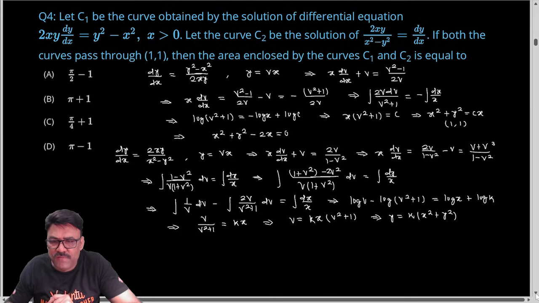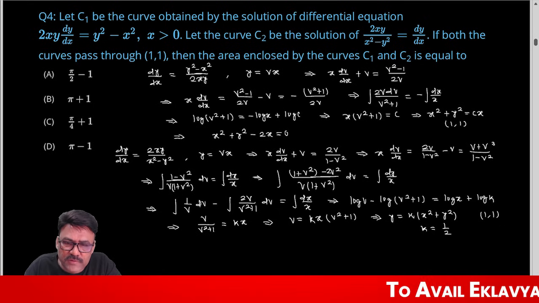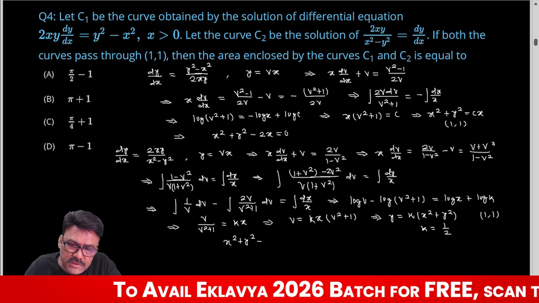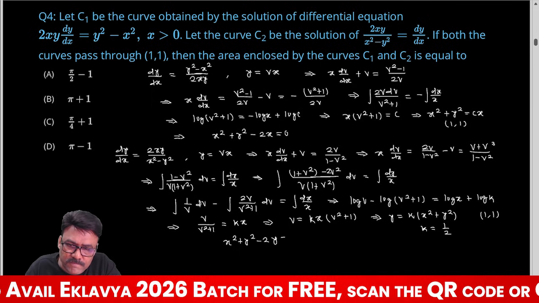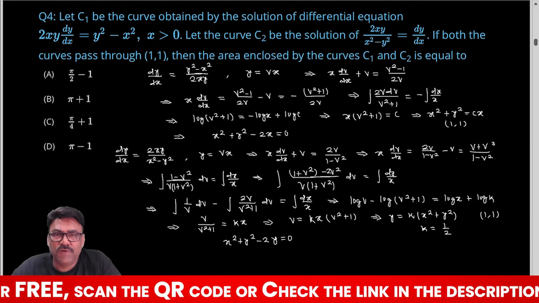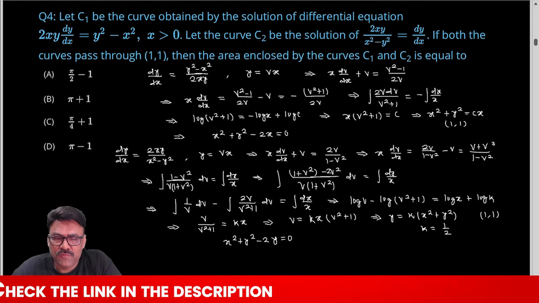And since this curve is also passing through the point (1, 1), if I put x equal to 1, y equal to 1 here, k is half. So this curve becomes x square plus y square minus 2y equals 0. So it is also a circle having center on the y-axis at (0, 1), radius is 1, passing through origin.